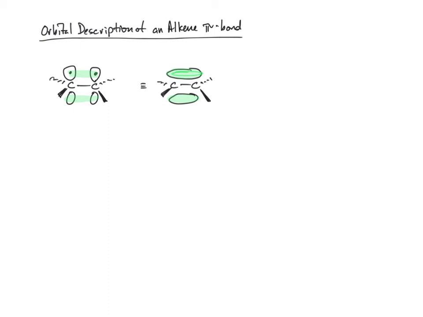So we sort of draw it, you can think of it as a probability of finding the electron in that space. So that's the pi cloud.